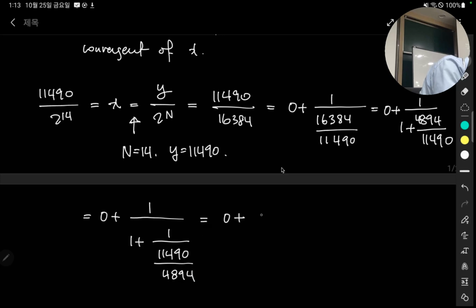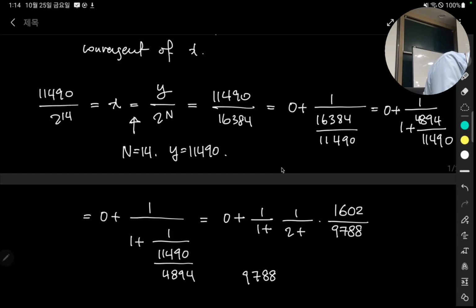So this is 0 plus, I'm going to write this way, 1 plus 1 over 2 plus 1 over, and so on.